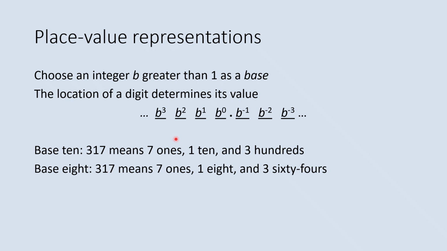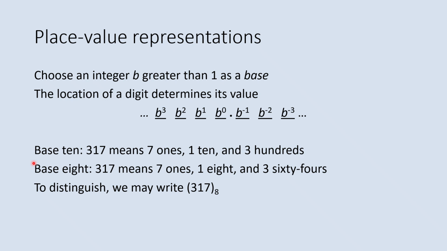The place to the left is now the b to the first position, which would be the 8's place, so that means there's 1 eight, and the position to the left of that means that there are 3 sixty-fours. In base 10, we have the symbols, the characters 0 through 9, so there are 10 different symbols. In base 8, the symbols are 0 through 7, so there are 8 of those.